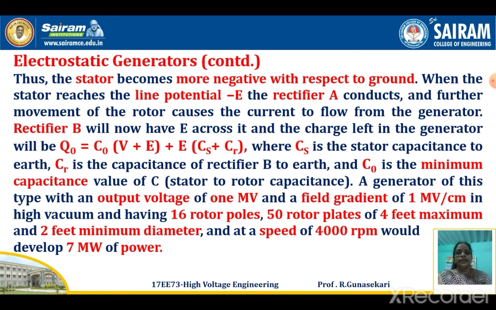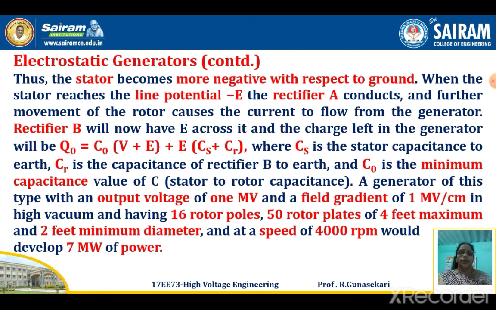The generator is in high vacuum and has 16 rotor poles and 50 rotor plates. The rotor plate size is 4 feet maximum diameter and 2 feet minimum diameter. The speed of the generator is 4000 rpm and the power generated is 7 megawatts only.